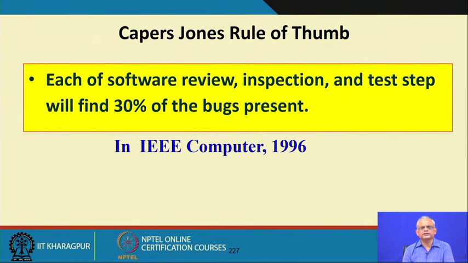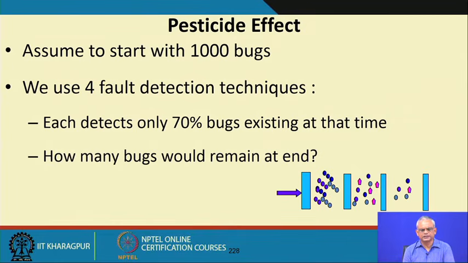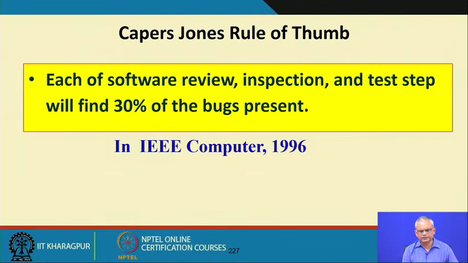So, initially if the code had 1000 bugs, review will catch 300 of them. Out of the remaining 700, 30% is 210. 210 will be obtained by inspection, and then we have 490.